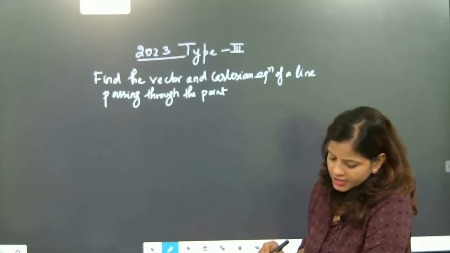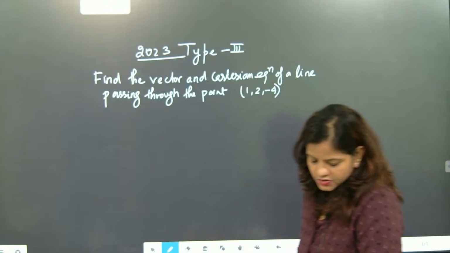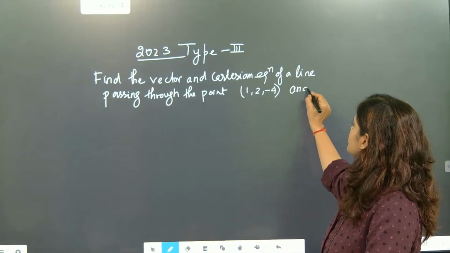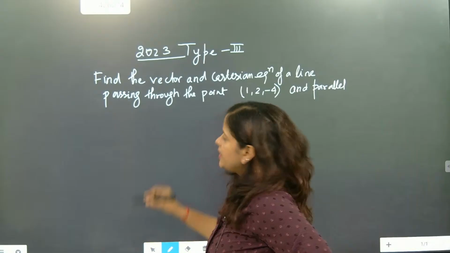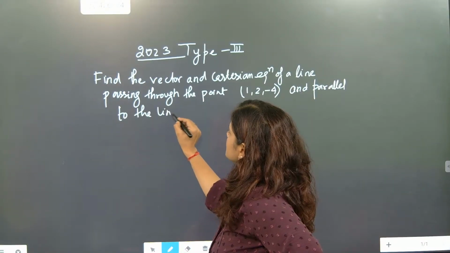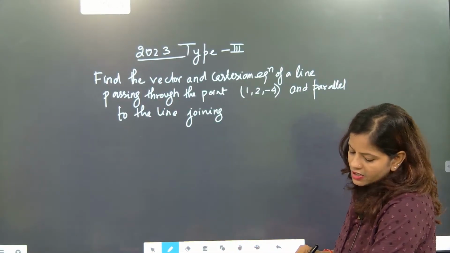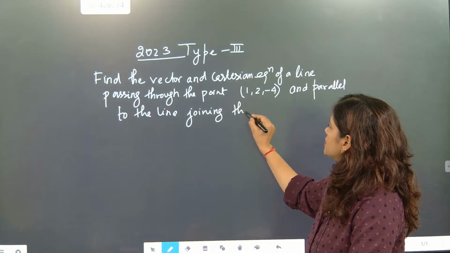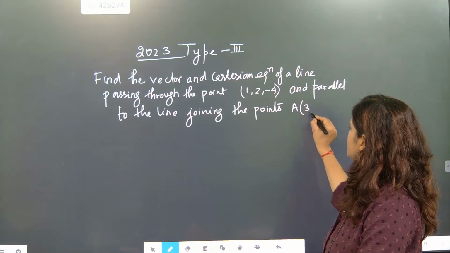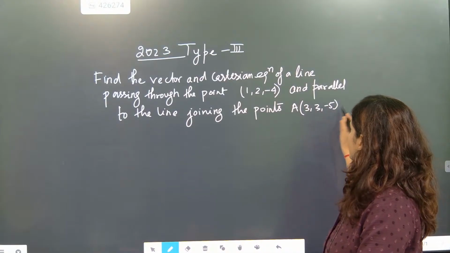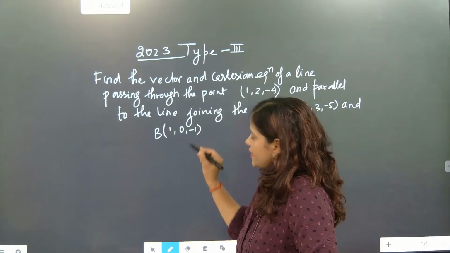So which point is exactly the line passing through? Okay, 1, 2, comma minus 4, and parallel to the line joining the points A 3 comma 3 comma minus 5 and B 1 comma 0 comma minus 1.